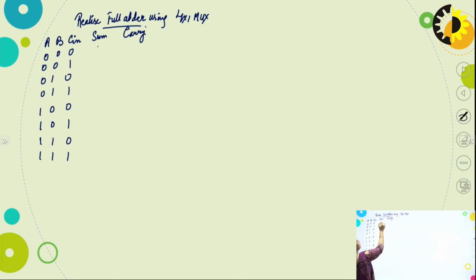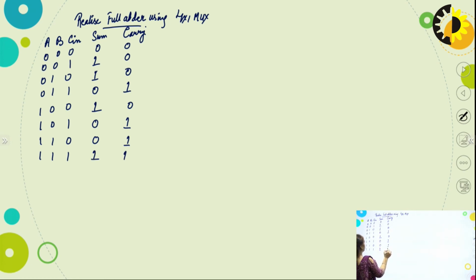For 0, 0, 0, sum will be 0 and no carry is generated; for 0, 0, 1, sum is 1 and no carry is generated; for 0, 1, 0, sum is 1, no carry; for 0, 1, 1, sum is 0 with 1 as a carry; then 1, 0, 0 gives sum 1, no carry; 1, 0, 1 gives sum 0 with 1 as a carry; 1, 1, 0 gives sum 0 with 1 as a carry; and 1, 1, 1 gives sum 1 with carry 1. So first write the truth table, and we are going to realize it using 4 cross 1 mux.